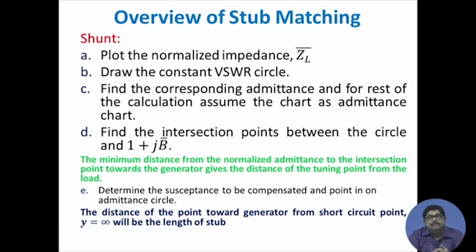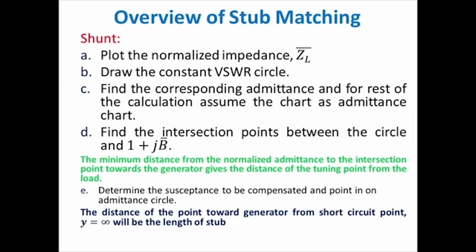Now, if you have the shunt type, first you will have to plot the impedance or admittance. In case of shunt it is admittance, then you are moving on a transmission line. So, better draw a VSWR circle. You know that if we can plot a load, then we can draw the VSWR circle by connecting with the center.